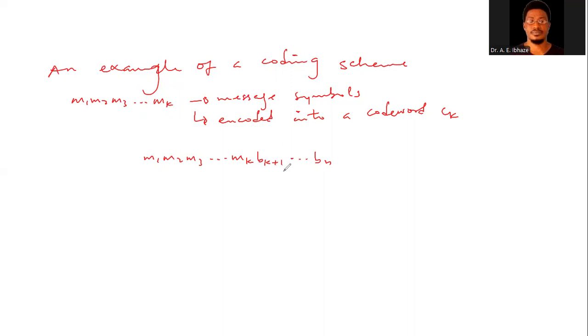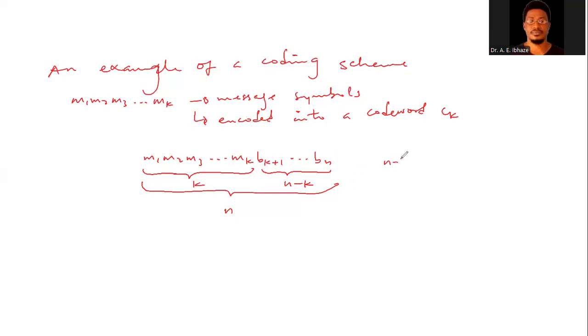Okay? And then the total length is N, and this length is K, so that this length will be N minus K, right? So the N minus K symbols in the finite field are the redundant or control bits, okay?